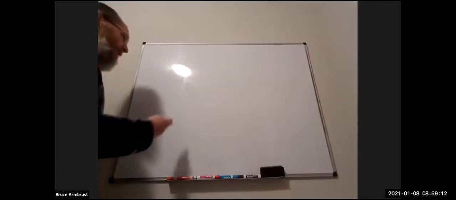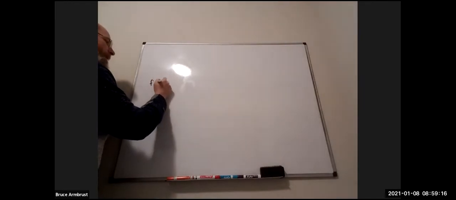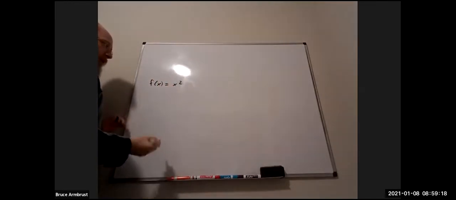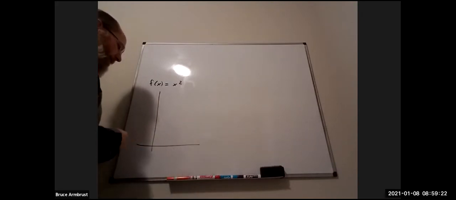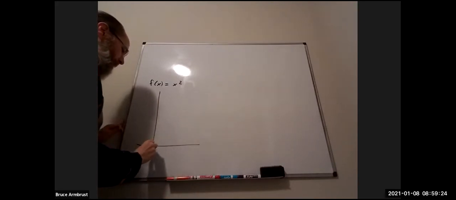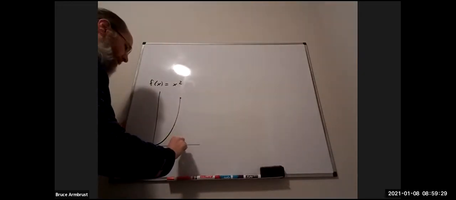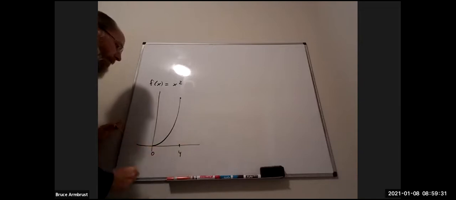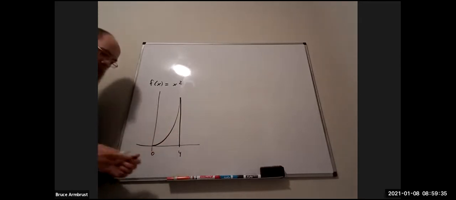So the example we were looking at last time, if you guys remember, was just x squared. And we were looking at x squared between, I believe, 0 and 4. So it looked something like this. So here was 4, 0. And we were trying to find the area of this region in here.